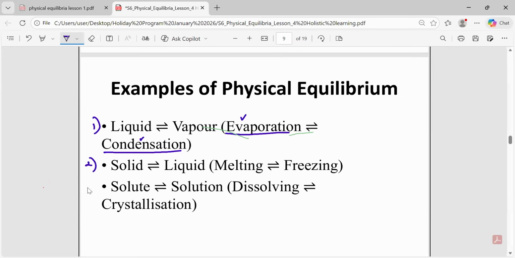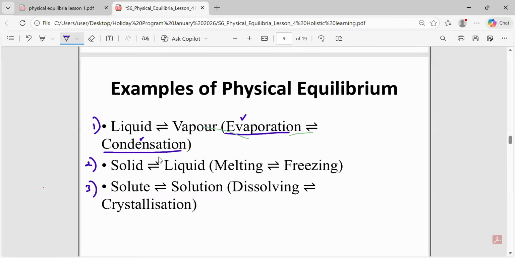And we know that for equilibrium reactions, they may appear as if there is no change in the overall reaction. Then for the second example, solid to liquid, the melting is at equilibrium with the freezing process.